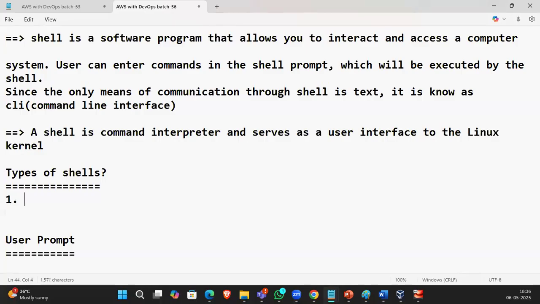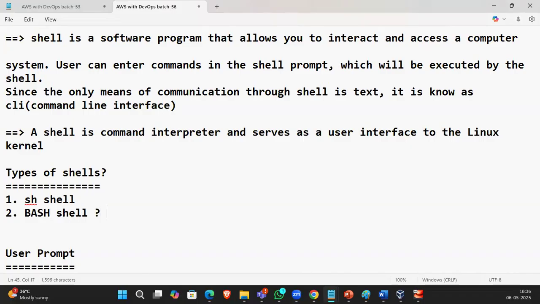For example, the SH shell. The second one is the bash shell. What is bash shell? Bash shell is nothing but the Bourne Again shell. By default, Linux uses the bash shell for interaction.